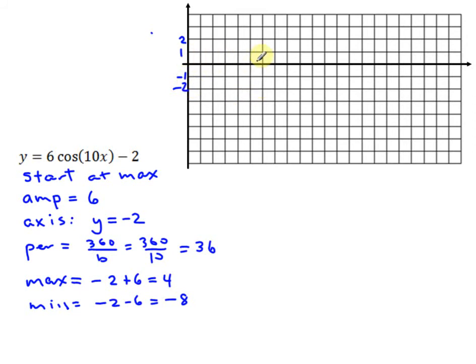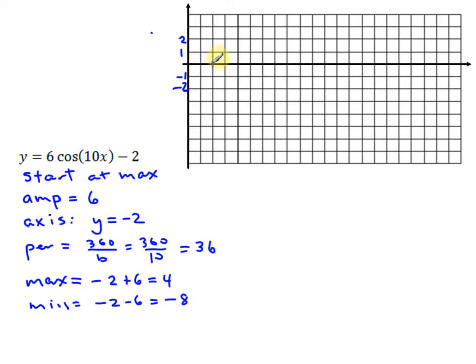Now I need to work with my x-axis. This is where I need to be a little more careful. Remember what I said about how we put the scale on the x-axis. I always look at my period, and I'm going to split it up into 4 equal parts. Since I have a lot of room here, I'm going to make each quarter be represented by 2 boxes.